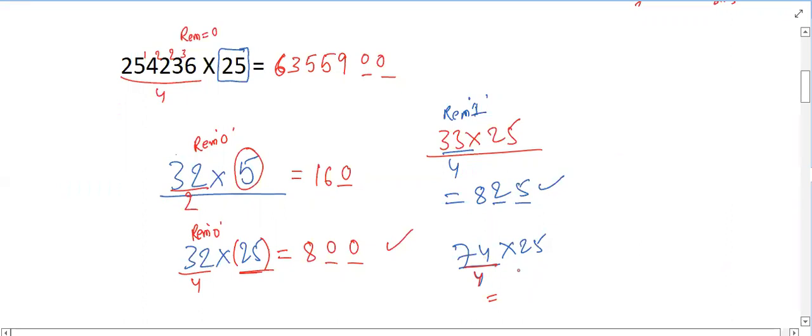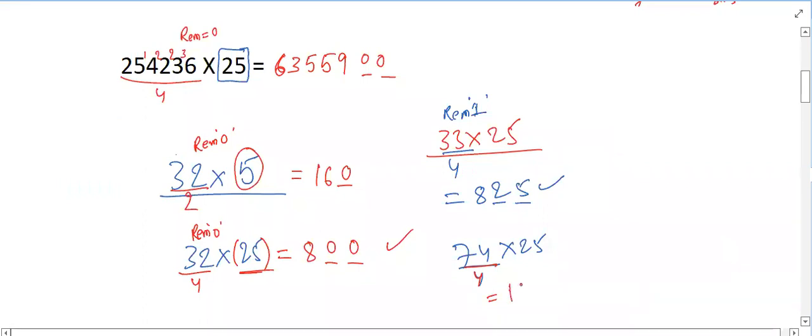Tell the quotient with remainder. Okay, 18 times. 18 fours are how much? Double 18 is 36, fours are 72.